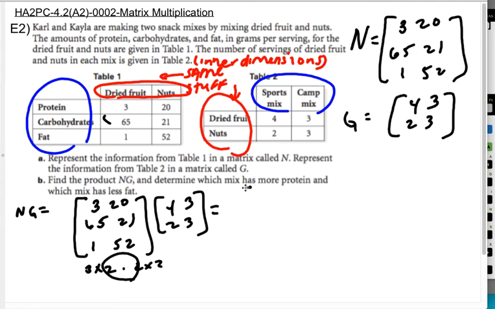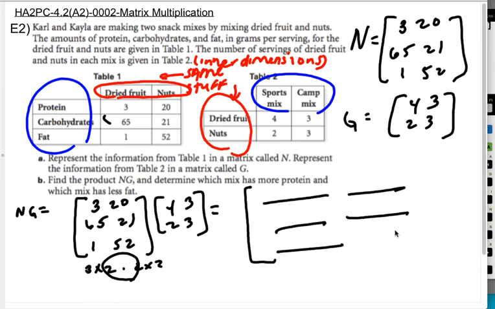But not only is it going to be a 3 by 2, it's going to be a 3 by 2 where this is protein, carbs, and fat, and this is the sports mix, and this is the camp mix, right? So our final answer is going to give me those pieces of information to tell me about protein, fat, and carbohydrates in each mix. So let's go ahead and walk through this.